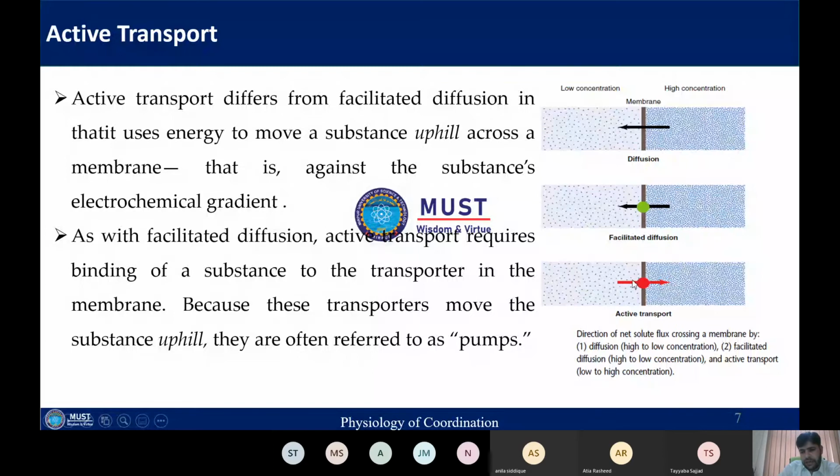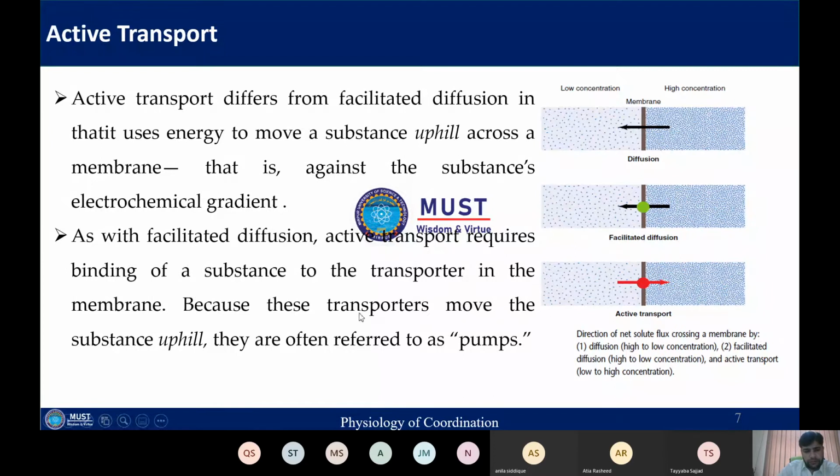In active transport, the molecules move in the opposite direction, from lower concentration to higher concentration. This is uphill movement, or movement against the concentration gradient, and this process always requires the expenditure of energy.